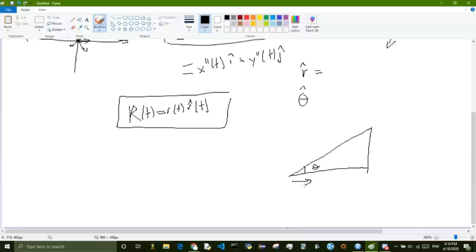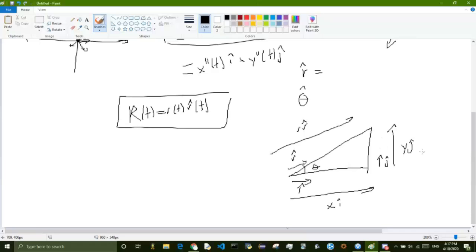This direction is, of course, i hat. This is x times i hat. This is j hat. This is y times j hat. This direction is r hat. And this direction is r times r hat.